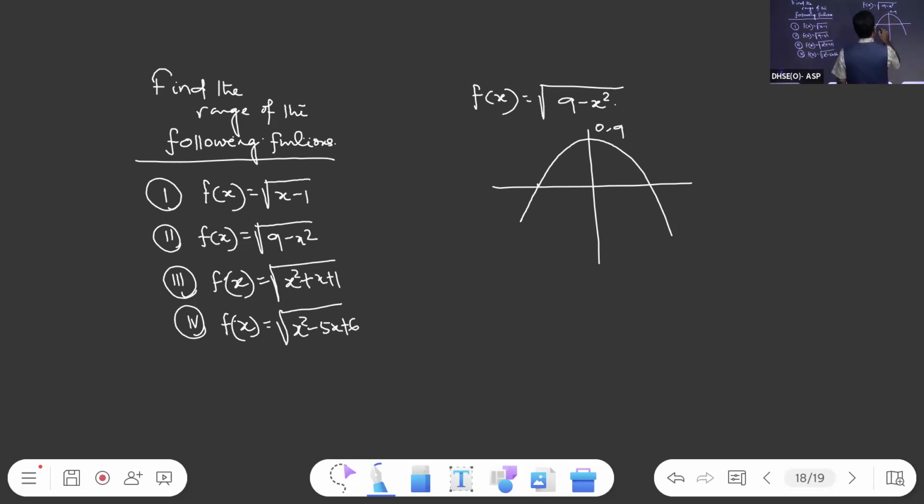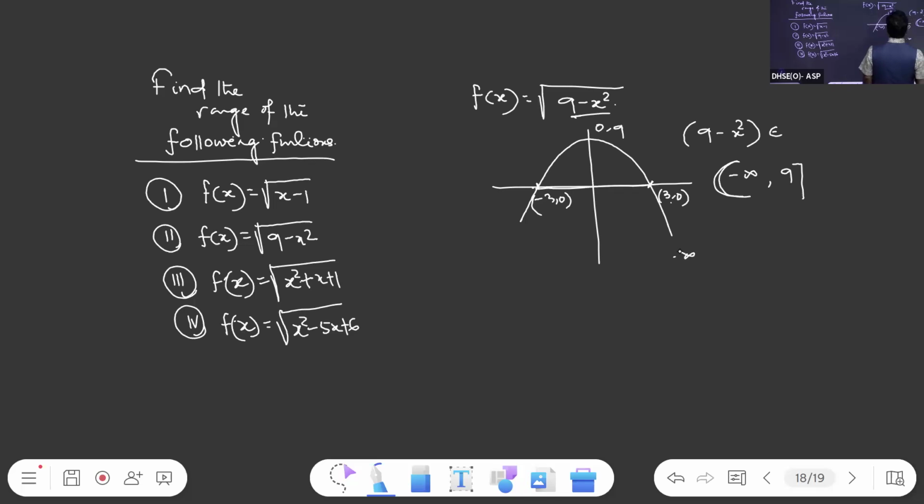At x equal to minus 3 it will be 0, and for x equal to plus 3 also the expression will be 0. The range of 9 minus x square belongs to minus infinity to 9. But this function cannot take negative values because the square root of a negative number is imaginary.